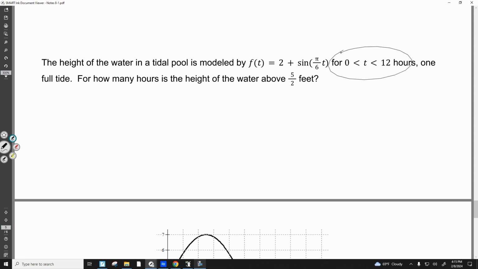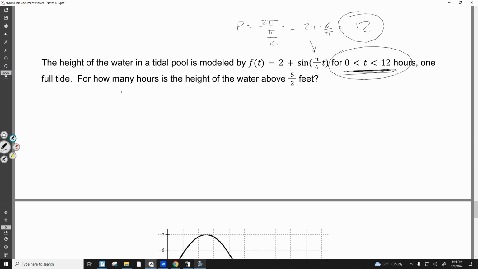It might be important to think about how your B can help you find the period. Oh, the period's 12. So we are talking about one rotation around my circle. Okay, so we're probably looking at two solutions here.